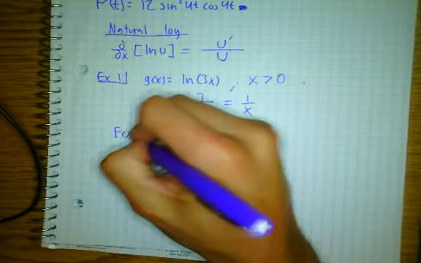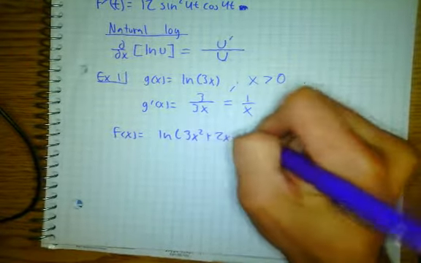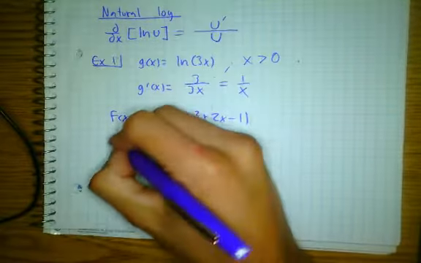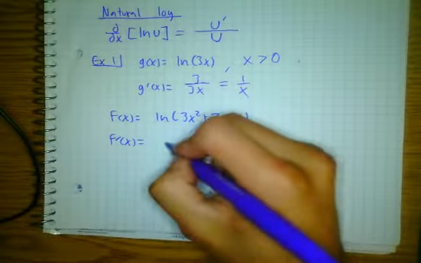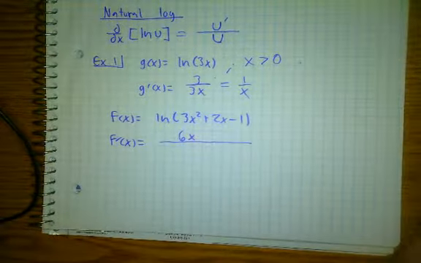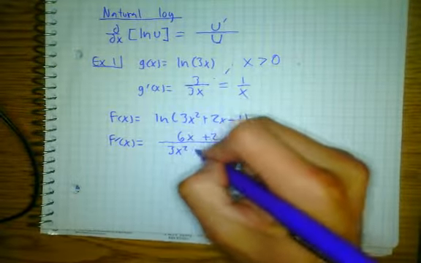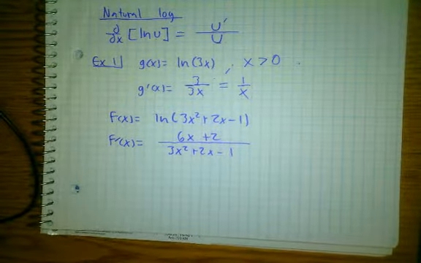All right, next one. f of x is equal to the natural log of 3x squared plus 2x minus 1. What is f prime of x? 6x plus 2 over that entire polynomial there.